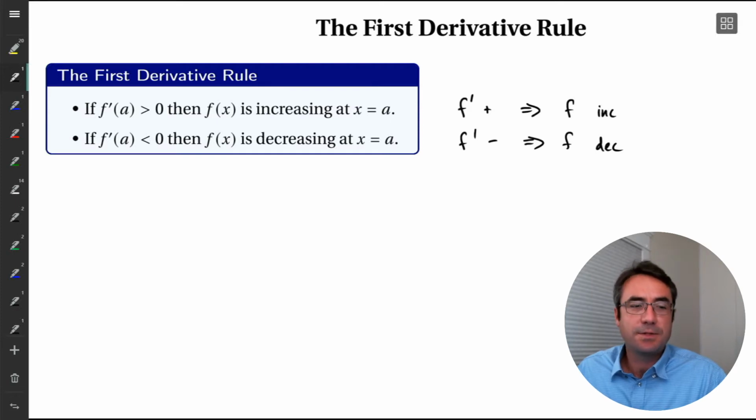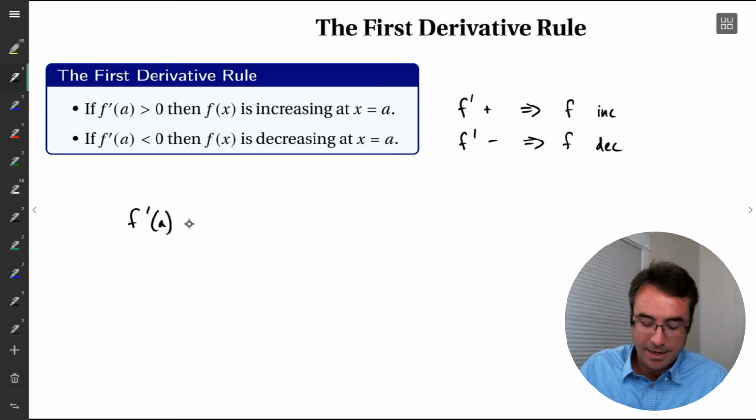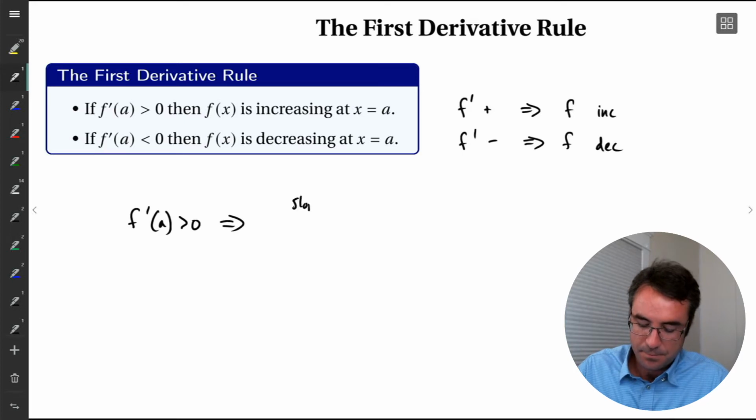But why is this plausible? Well, let's remember that when we talk about the derivative at x equals a, if that's positive, what the derivative is telling us is the slope of the tangent line. So the slope of the tangent line is positive at x equals a.